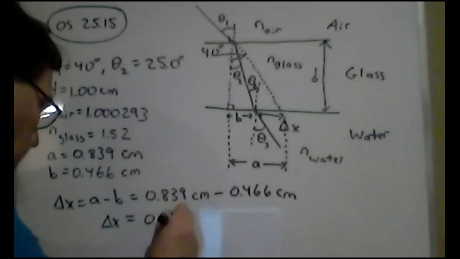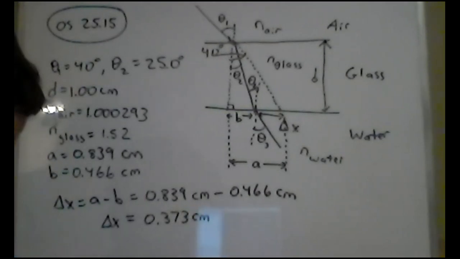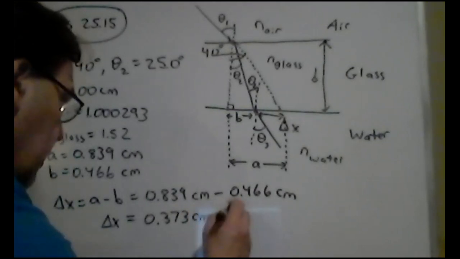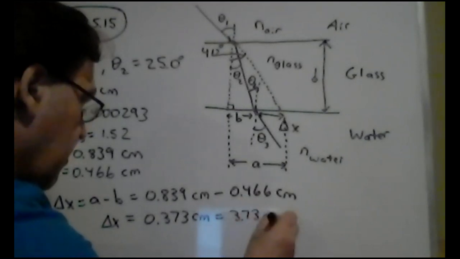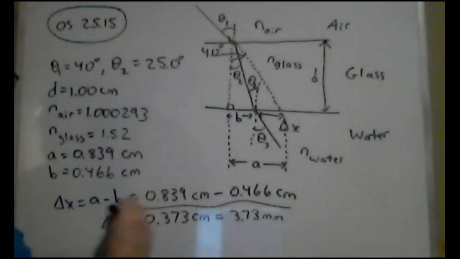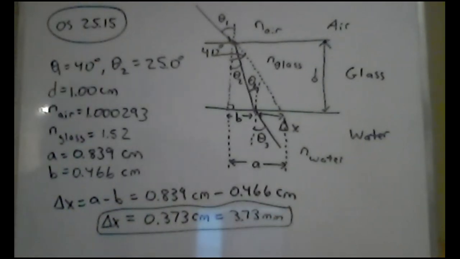You could leave the answer like that if you wish, or you can write this as 3.73 millimeters. However you want. Both ways of writing the answer are fine. So a little bit of Snell's law, a little bit of trigonometry.